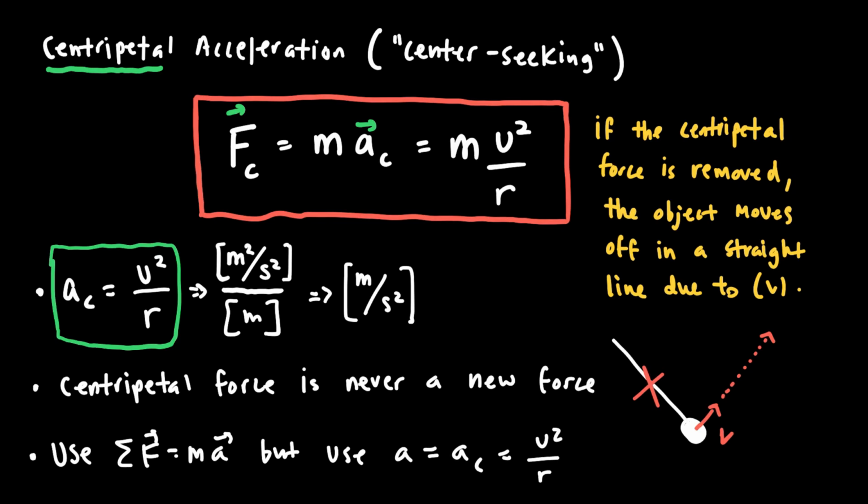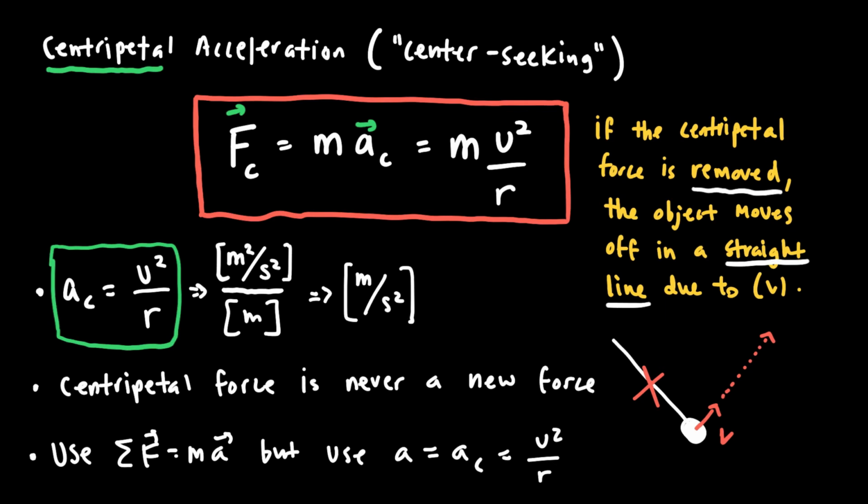And lastly, a point that I'd like to make, which is written in yellow on the right-hand side, is that if the centripetal force is removed, if we take it away, then the object should fly off in a straight line. Because if I remove the centripetal force, then I've removed the centripetal acceleration, and so the object, which has some constant straight-line velocity, as it does in uniform circular motion, should move off in a straight line.